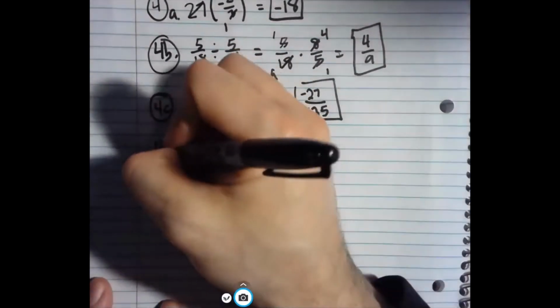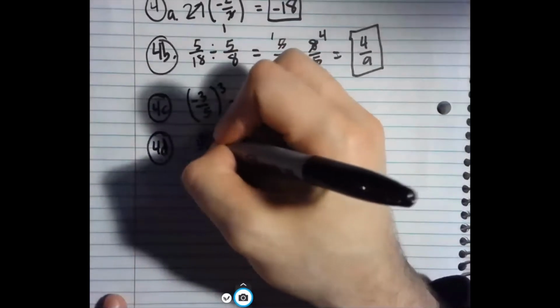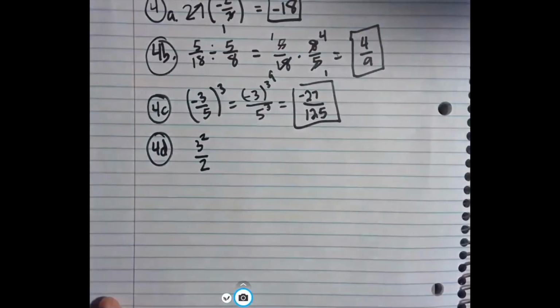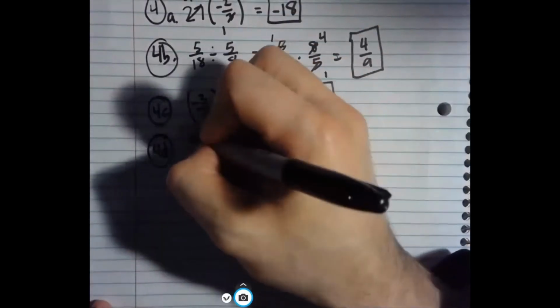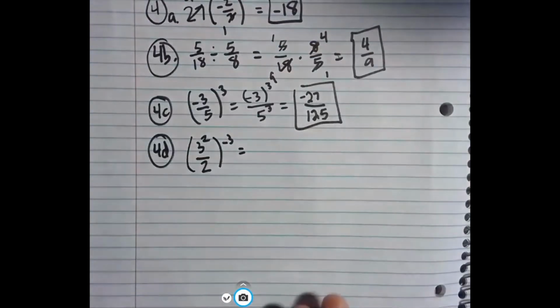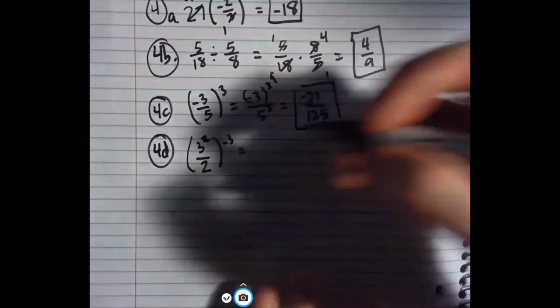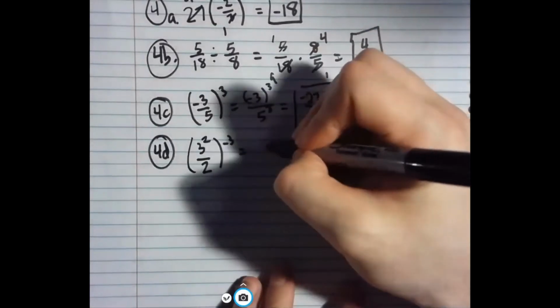For D, we have 3 squared over 2, and we're raising that to the negative 3rd power. So with this one, we want to pass out that exponent to both the top and the bottom.